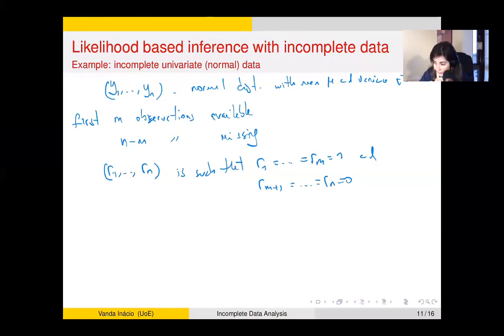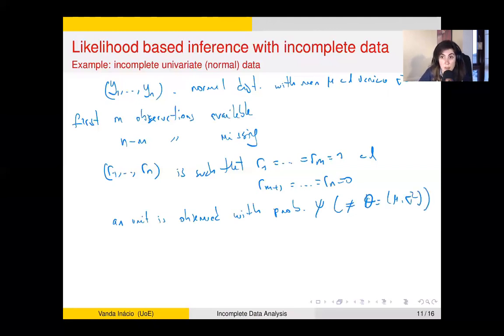And now let us suppose that an observation or a unit is observed with probability psi, which we assume to be different from theta, that is formed by the mean and the variance. So we have distinctness of the parameters.